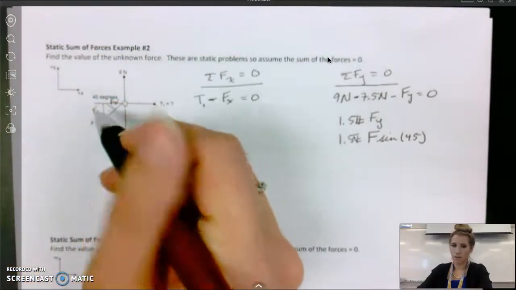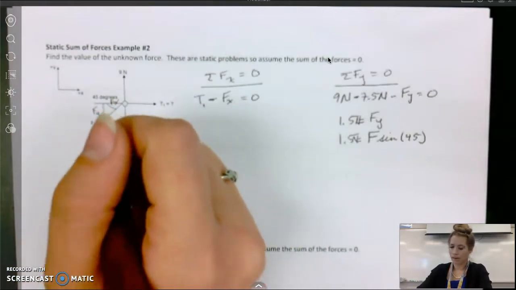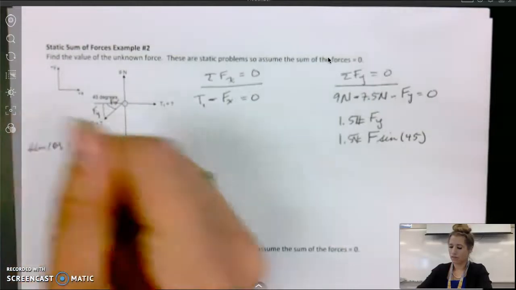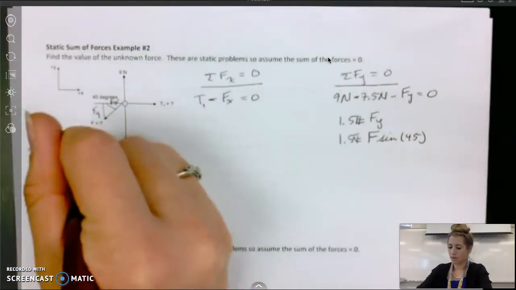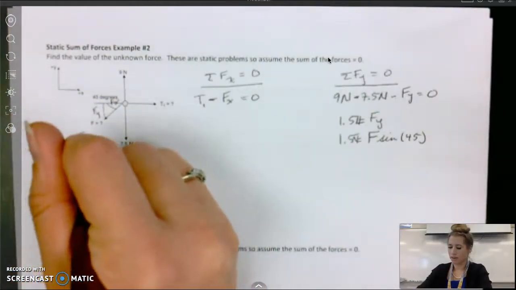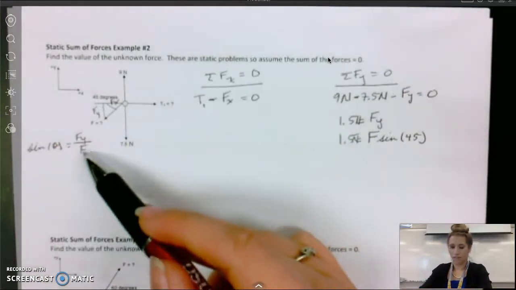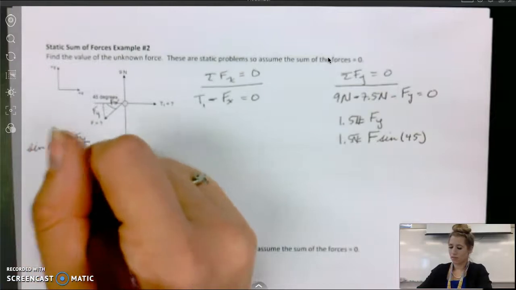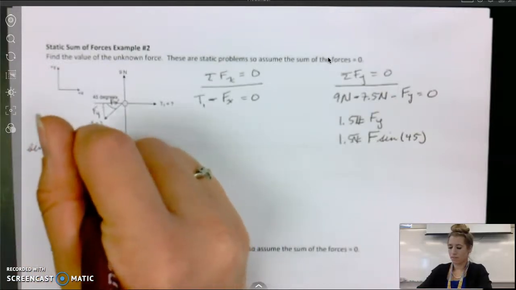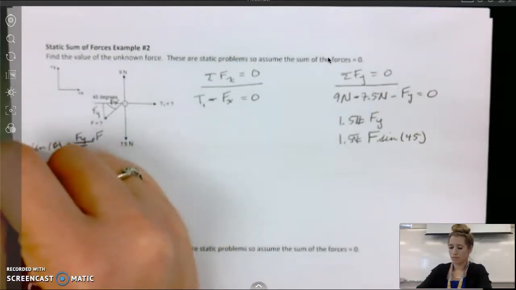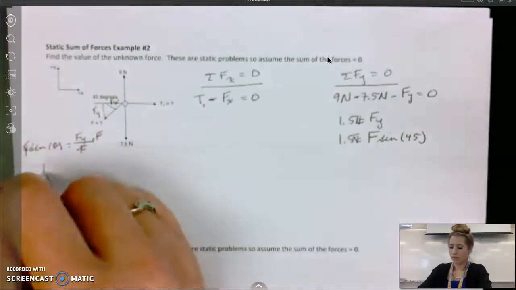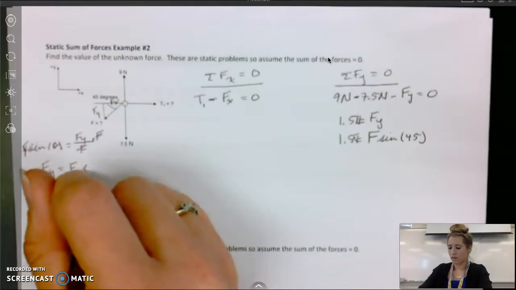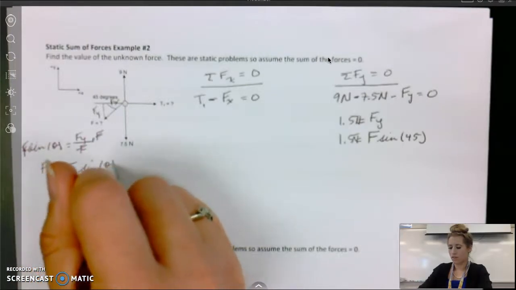If I want to solve for f sub y, I can say that the sine of theta is equal to opposite, which is f sub y, divided by the hypotenuse, which is f, whatever that force is. So if I want to solve for f sub y, I'm going to multiply both sides by that hypotenuse, by f. So f sub y is equal to f sine theta.